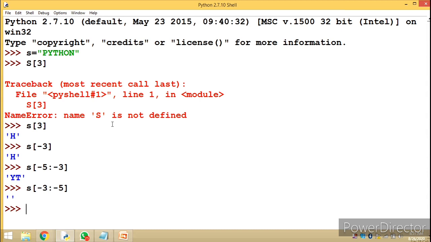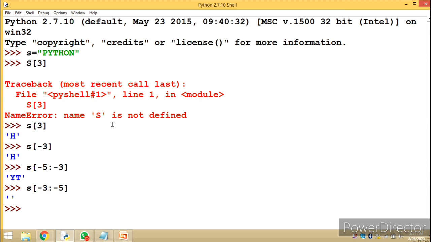The indexing way is that you assign minus from the right hand side: minus 1, minus 2, minus 3, like this. But when you want to display, you have to display from left to right, not from right to left, for minus.